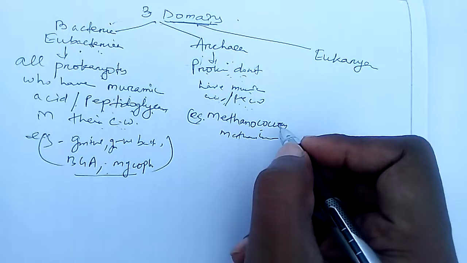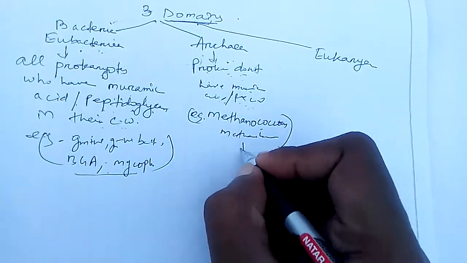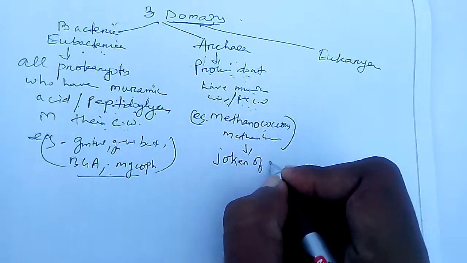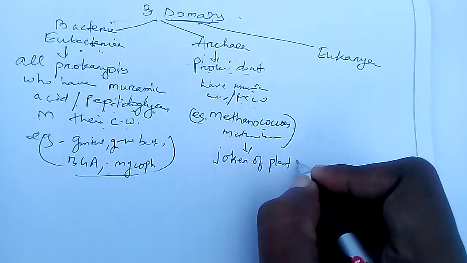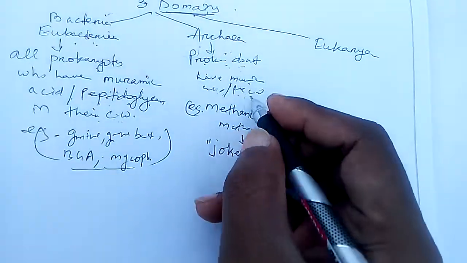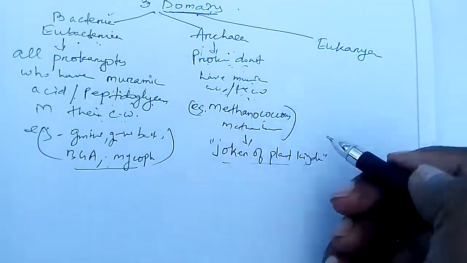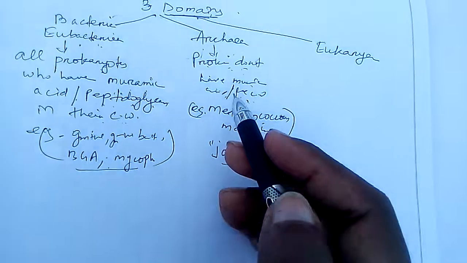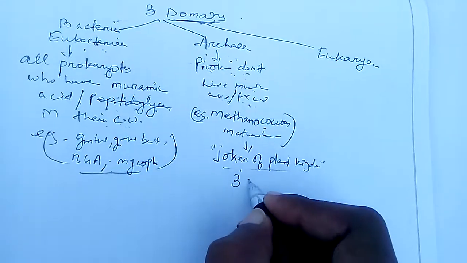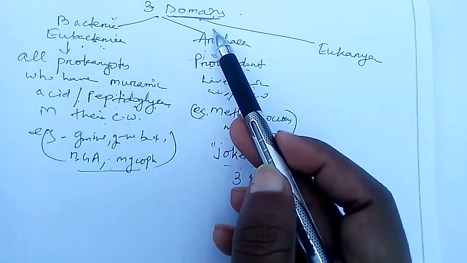Then another example is methanobacteria, etc. Interesting to note, these archaea are also known as the joker of the plant kingdom, because their cell wall is not made up of peptidoglycan. Then this archaea domain is again classified into 3 kingdoms, because we know that domain is the rank above the kingdom.